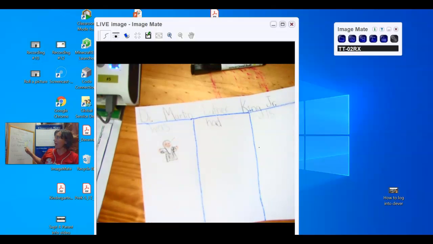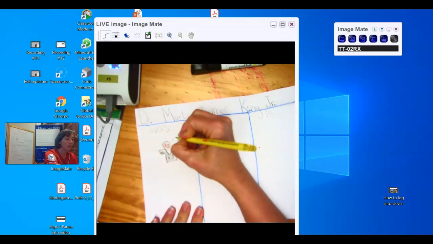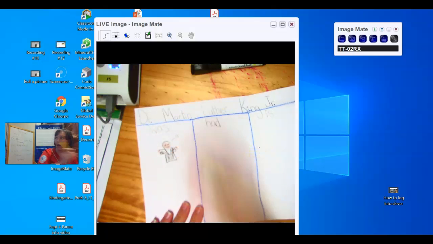So you can see behind me I have my research word wall. Maybe you have an adult that helps you make a research word wall. If I have a word wall, I'm going to be finding the word reverend and copying it.